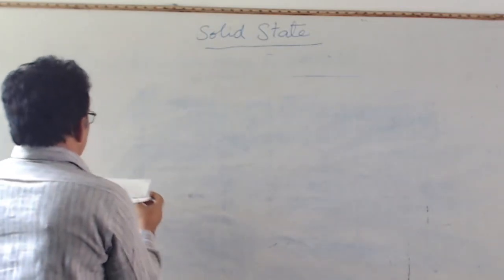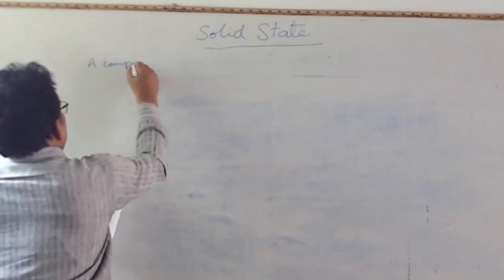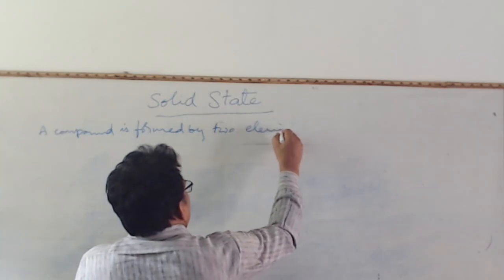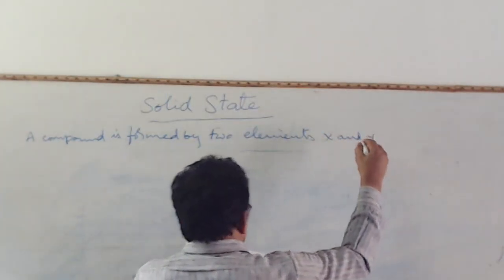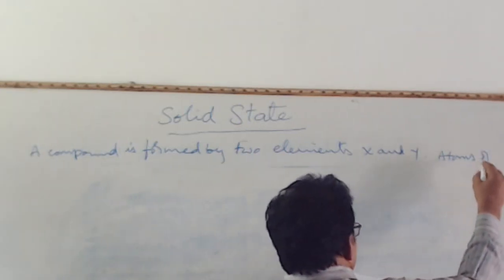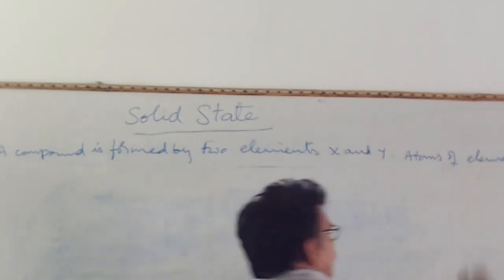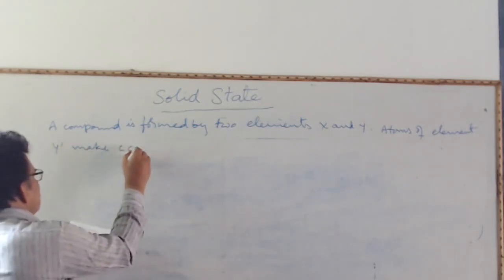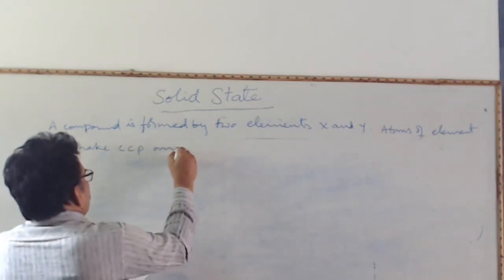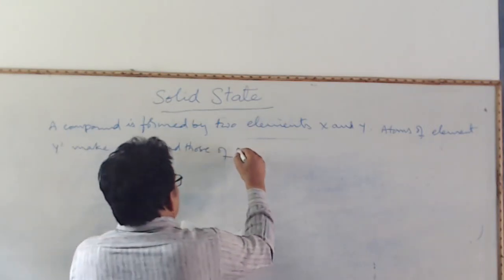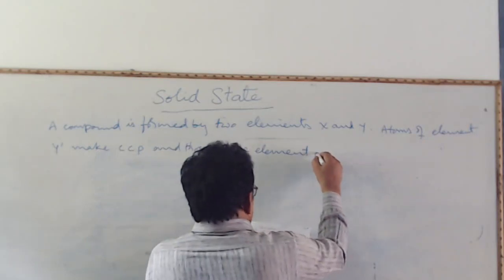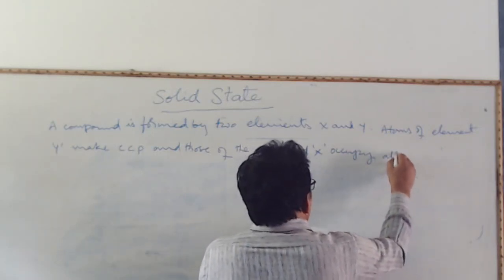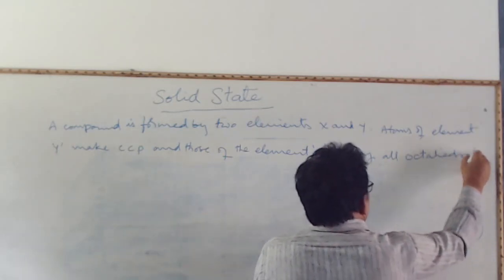A compound is formed by two elements, X and Y. Atoms of element Y make CCP, cubic close packing, and those of the element X occupy all octahedral voids.